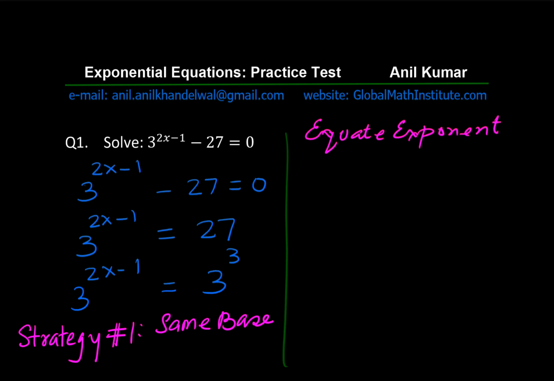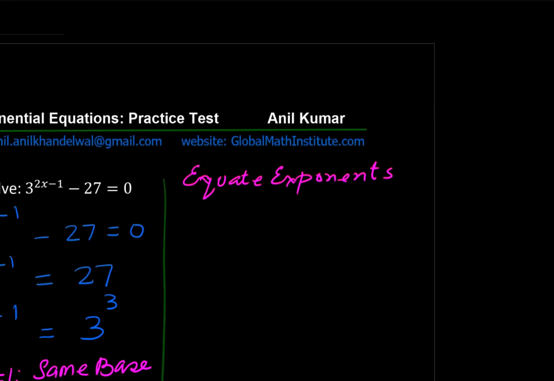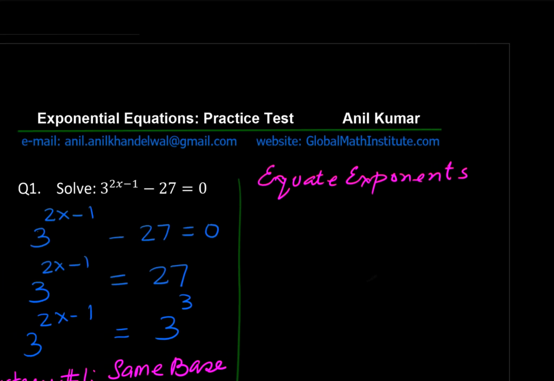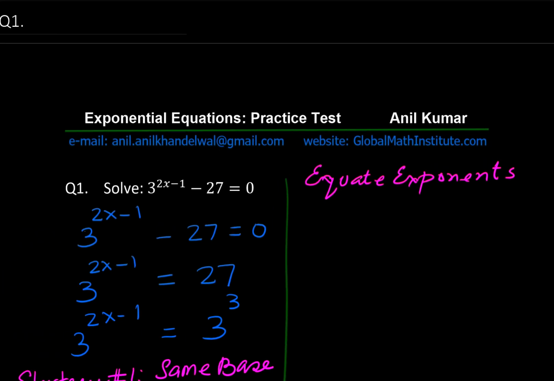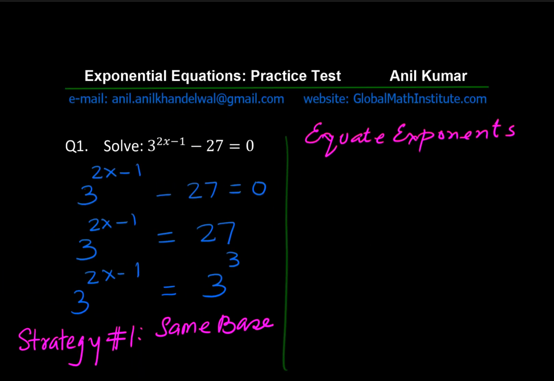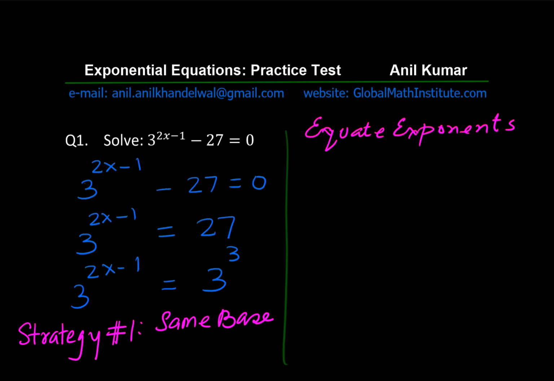Now this is the most common strategy, and if it works, this is the best way to solve the equation, right? But all equations cannot be solved like this. If you're lucky, you get some simpler equations which can be solved in this fashion.